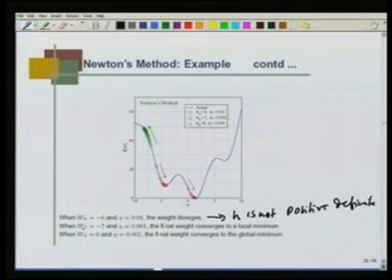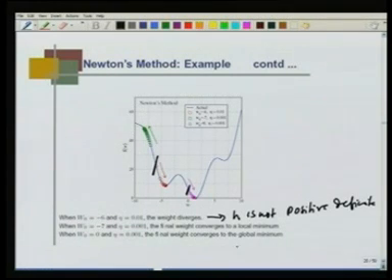And when w naught is minus 7 and eta is 0.001, the final weight converges to a local minimum here. And when w naught equals 0, if you start from here you reach here, but if you start from here you reach here. Okay.